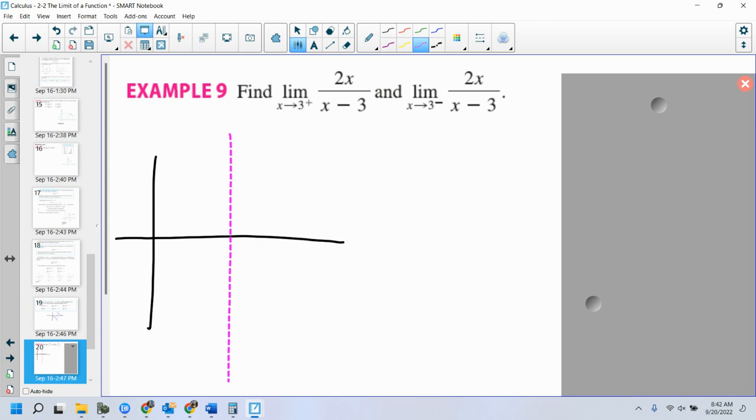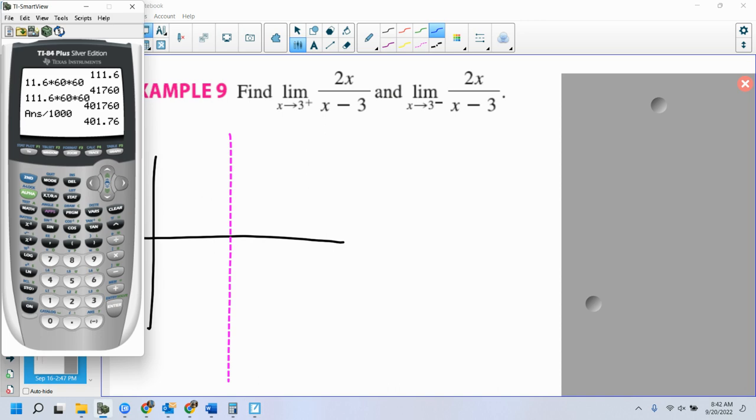I don't know yet. Let's see what happens. I'm going to pick a value really close to 3 on the left side, say 2.9. So we're going to say 2 times 2.9 divided by, I've got to put this in parentheses, 2.9 minus 3.